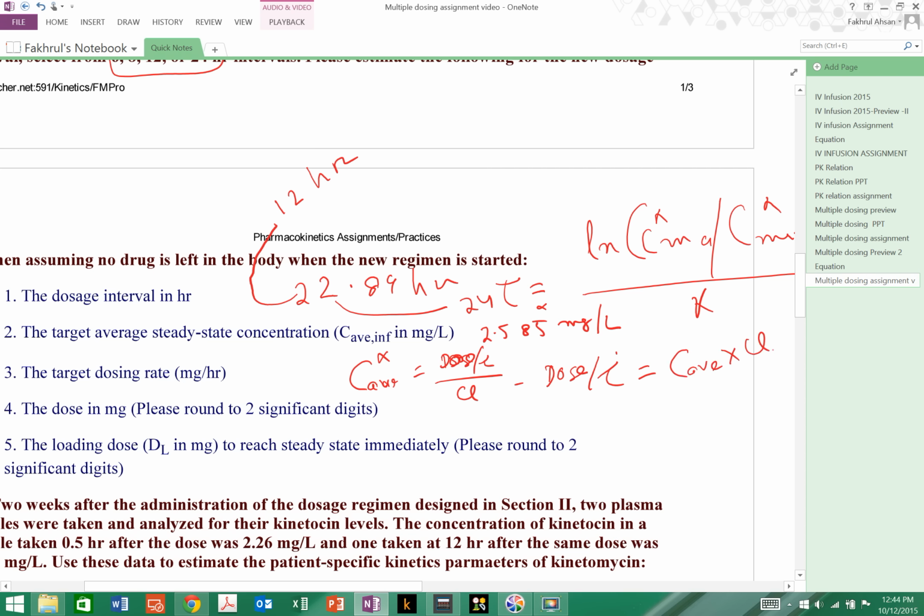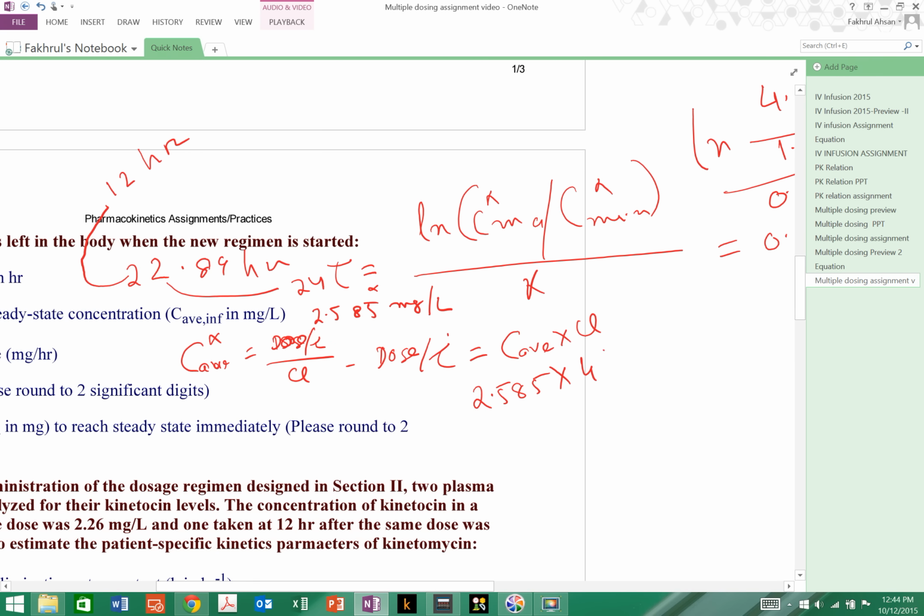Our C average is 2.585 times CL. Our CL was 46.4 milliliter per minute.